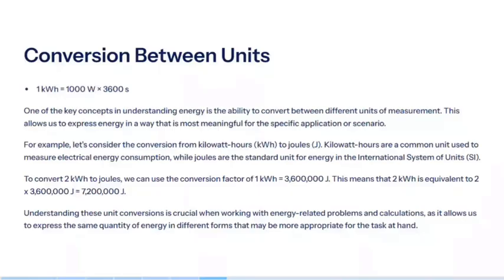So with that being said, if you're writing on your note, just write at one corner of your note: to convert from 1 kilowatt hour, 1 kWh, to joules per second, or rather to watt second.